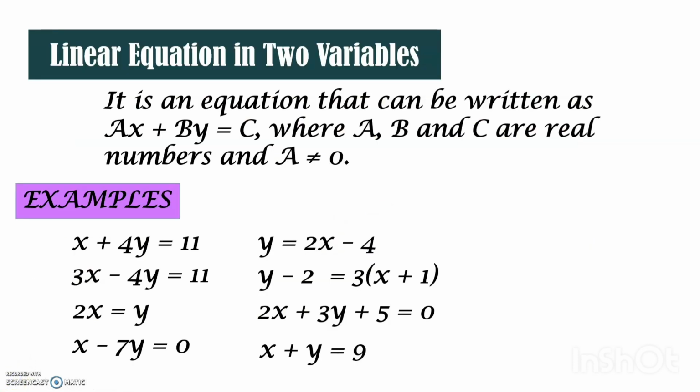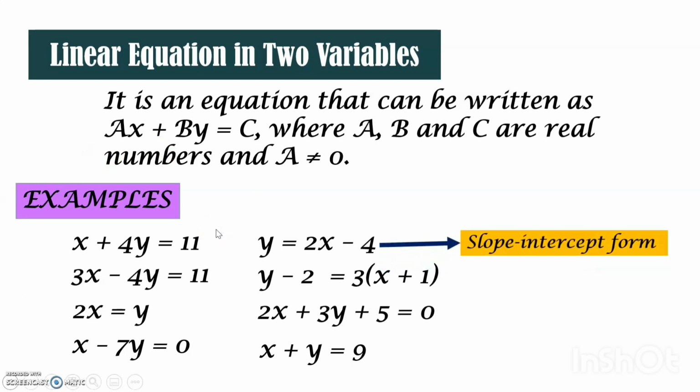Going back to our last 4 examples, we have y is equal to 2x minus 4, y minus 2 is equal to 3 multiplied by x plus 1, 2x plus 3y plus 5 is equal to 0, x plus y is equal to 9. If you notice, they are written in different forms. Yes, you're right. For y is equal to 2x minus 4, it is written in slope-intercept form.